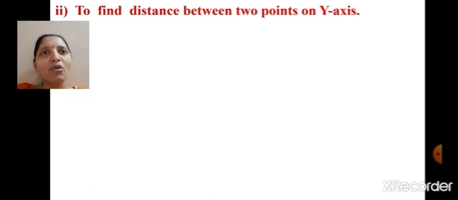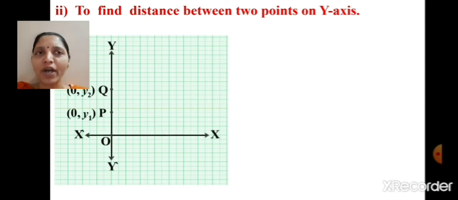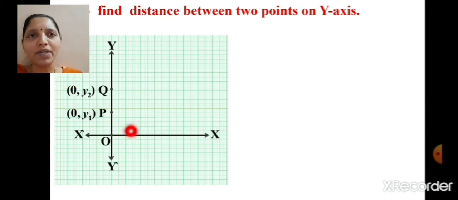Now let's see how to find the distance between 2 points on the y-axis. Here again we draw the x-axis and y-axis, and I have considered 2 points, point P and point Q. The coordinates of point P are 0 and y1, and the coordinates of point Q are 0 and y2.